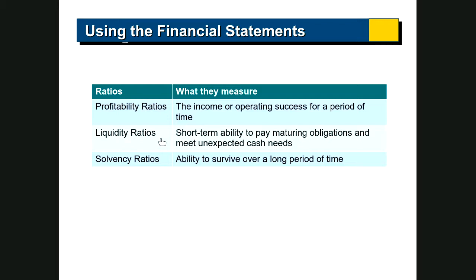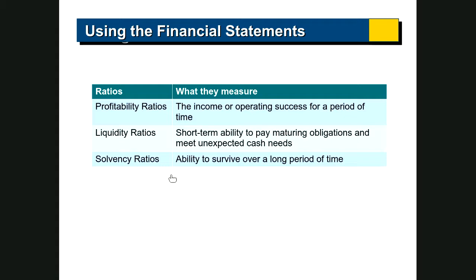This is called liquidity. Solvency means the ability to survive over a long period of time. So solvency means that you have enough assets compared to your liabilities, your obligations, that you'll be able to continue operating your business and survive for a long period of time, right?